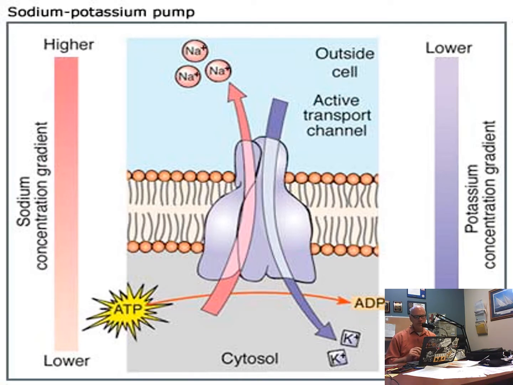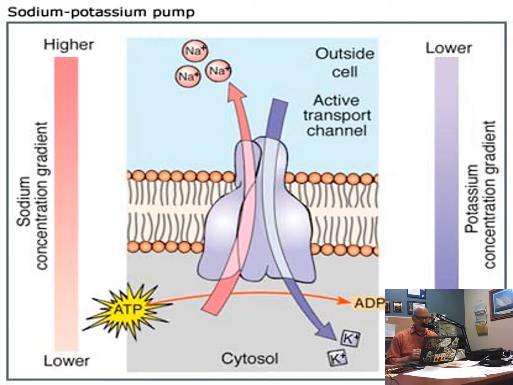The sodium-potassium pump is what gives us that sodium is the most prevalent extracellular cation and potassium is the most prevalent intracellular cation. For that to exist in nature, we need to have a sodium-potassium pump.